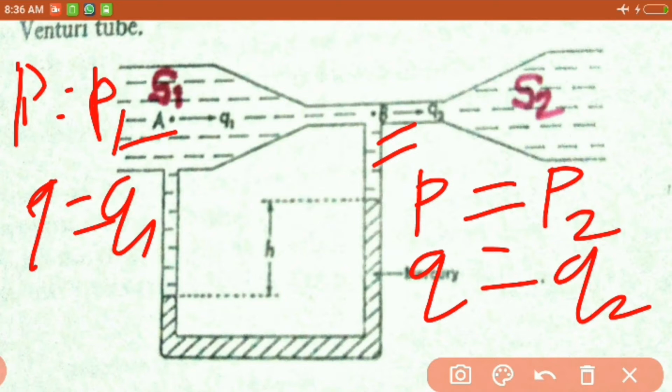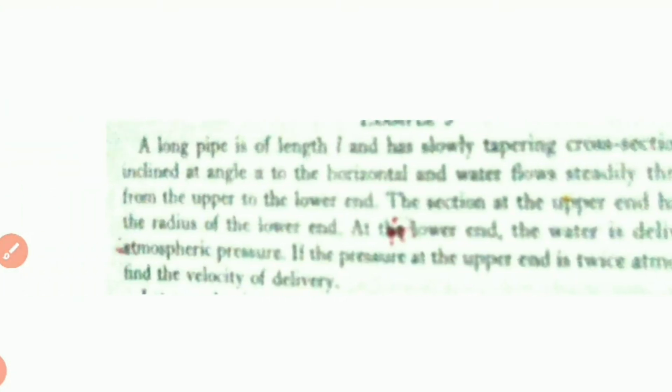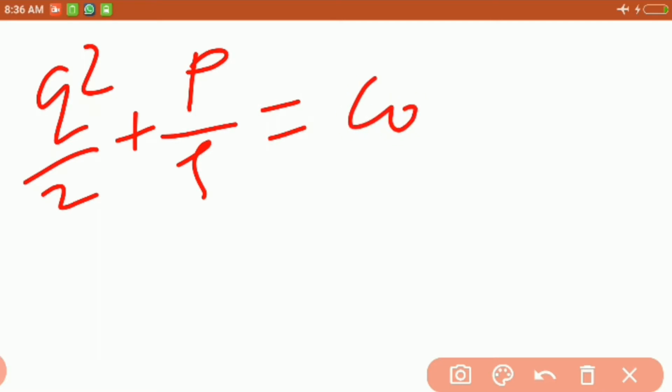We have the equation second, Q square by 2 plus P by rho is equal to constant.